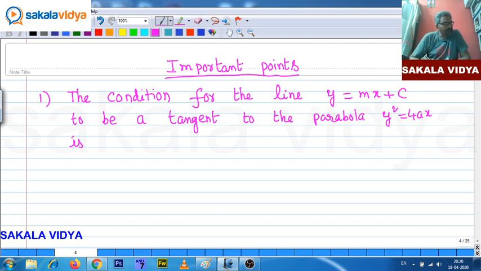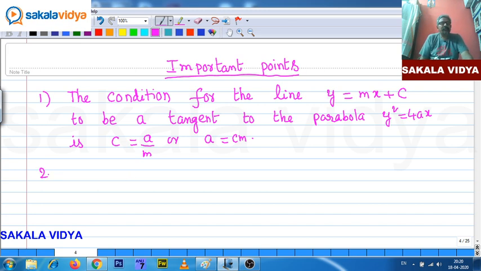So, for y square is equal to 4ax, c is equal to a by m, or a is equal to cm. We can remember it like this, a is equal to cm.